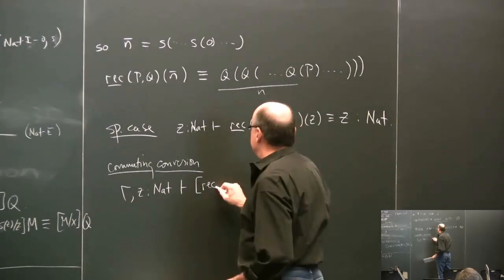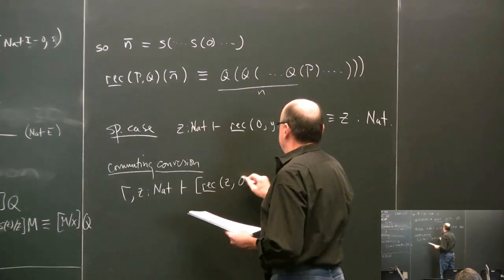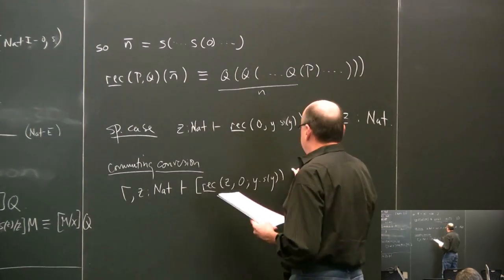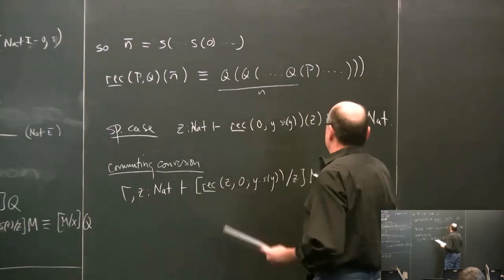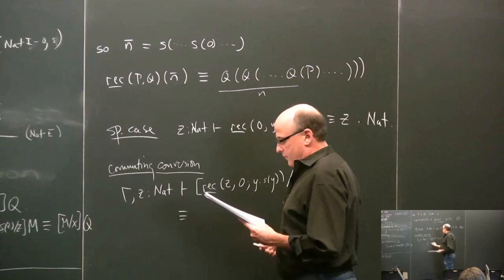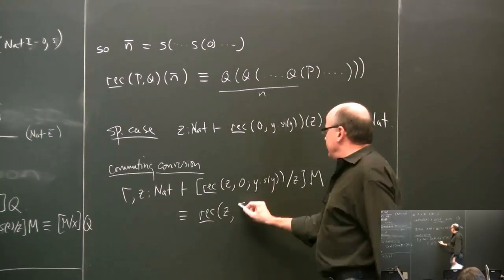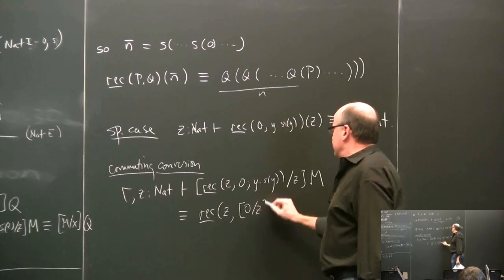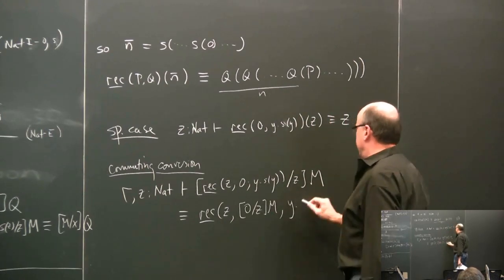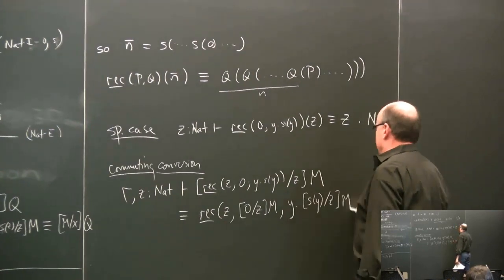So if we look at, for example, rec Z and 0, Y, S of Y, this is one case of it, and we're plugging that in for Z in M. That's the same thing as putting the recursor out, and then in each branch doing what you might think, which is plug in 0 for Z in M, and S of Y for Z in M, if I'm right.